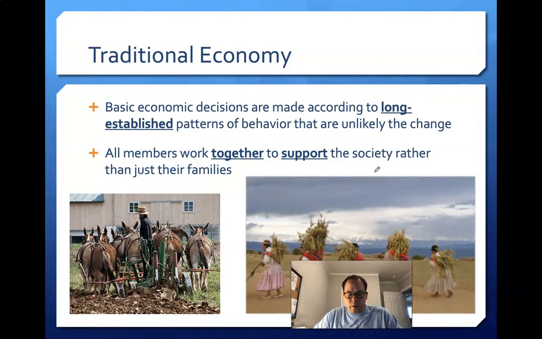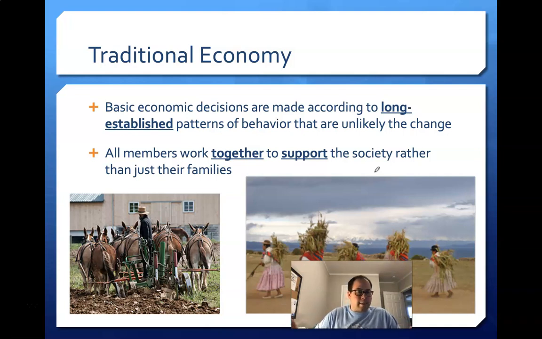So when we look at a traditional economy, we're looking at the basic economic decisions being made by long established patterns that they have. So they've always done it this way, and they're always going to do it this way. All members of a specific society come together and they support each other rather than just their families. And these are usually smaller groups.